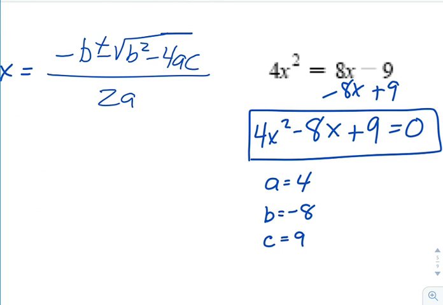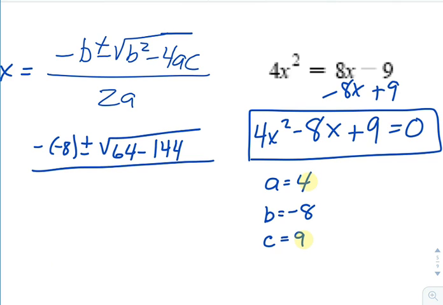And here we go. Negative 8, oh, that's going to be positive. B squared, that's 64. I'll do it in my head. Minus 4 times a times c, 4 times 9 times 4, that is equal to 144.